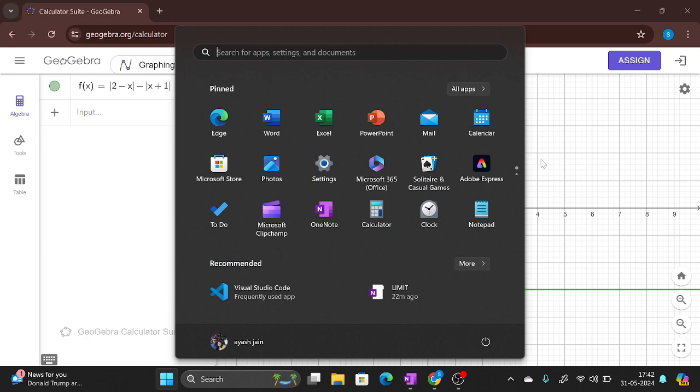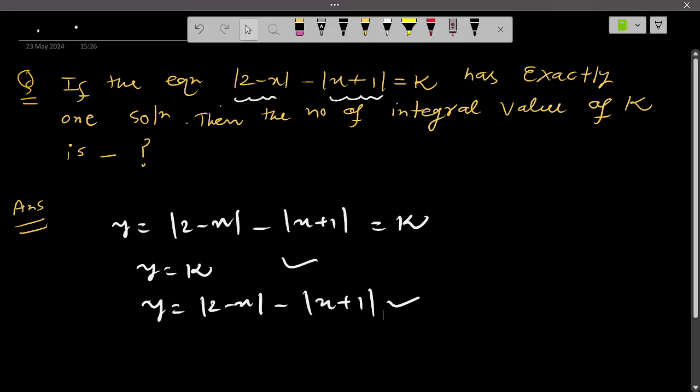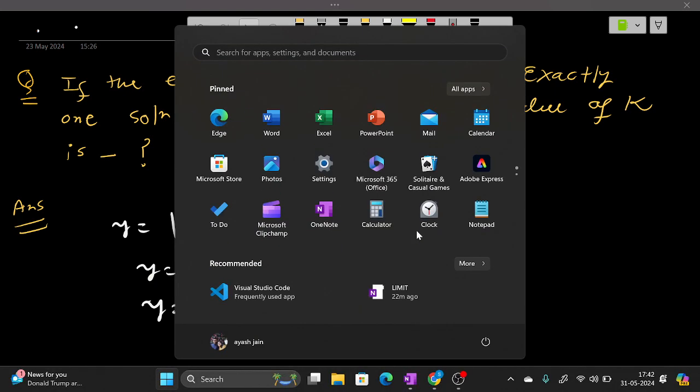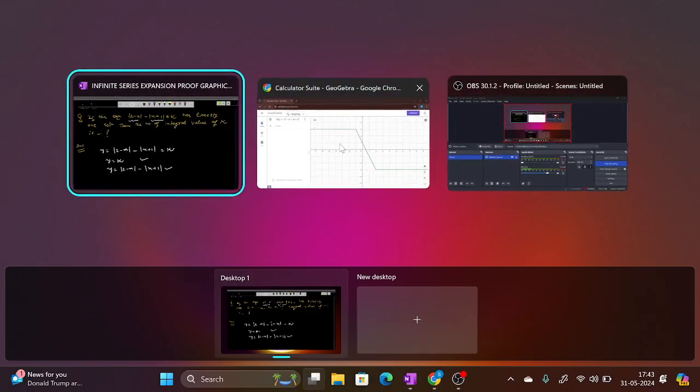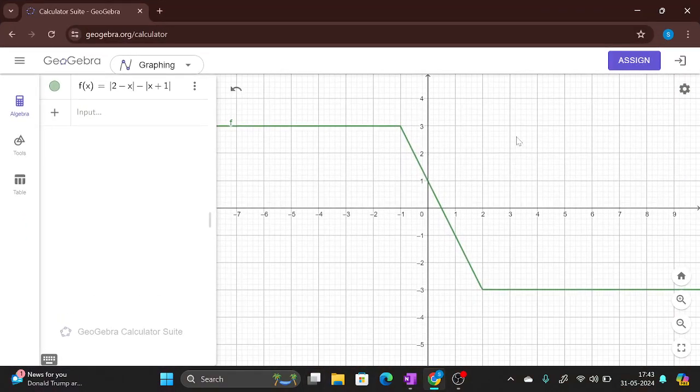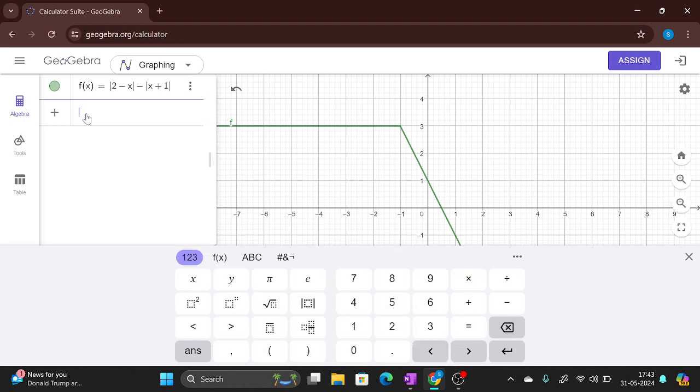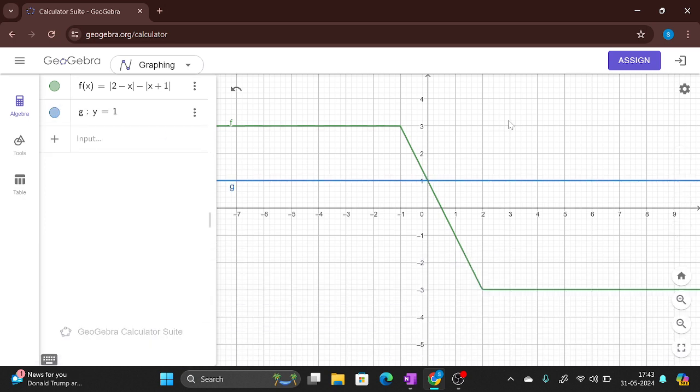Let me check whether my function is correct or wrong. 2 - x minus x + 1. So I think it is correct. Yeah, it is correct. Now let me draw another line, which is y equals, let's assume, 1. I am drawing. Okay. So if you look here carefully, everyone, how many intersection points are there between these two graphs, the green one and the blue one? Right now one intersection point is there, this one, and this is the solution.